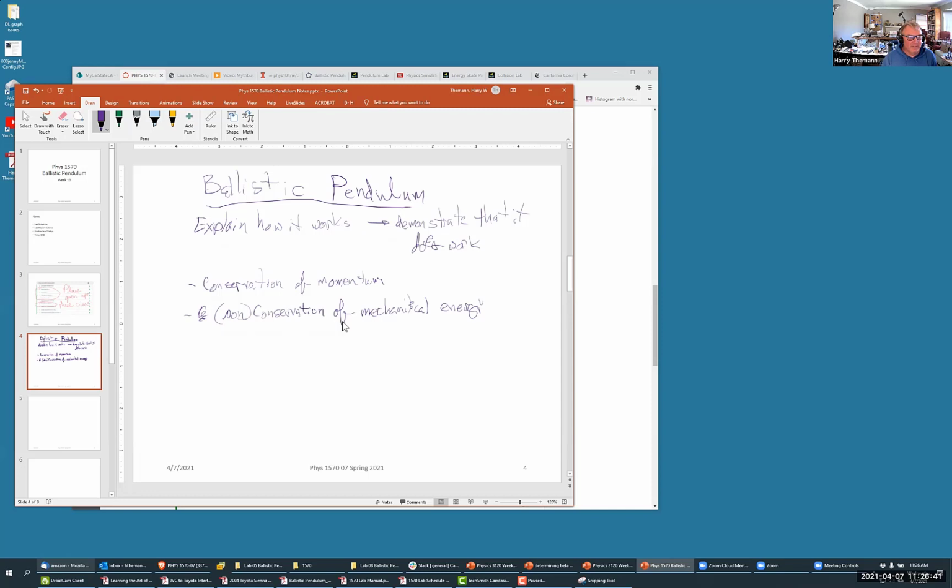And first of all, in collisions, and then in what's called a conservative force. So we have to understand what that means too, so we have to define that.